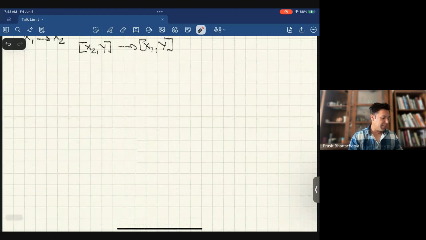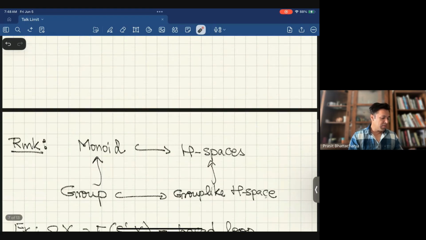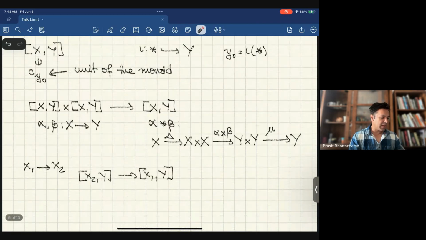And the point of H space is that any H space will make sure that the homotopy class of maps from X into Y is not just a set, it's a group. And moreover, whenever you have a continuous map from X1 to X2, you will have a set map like this, which is going to be actually a map of group or map of monoid.